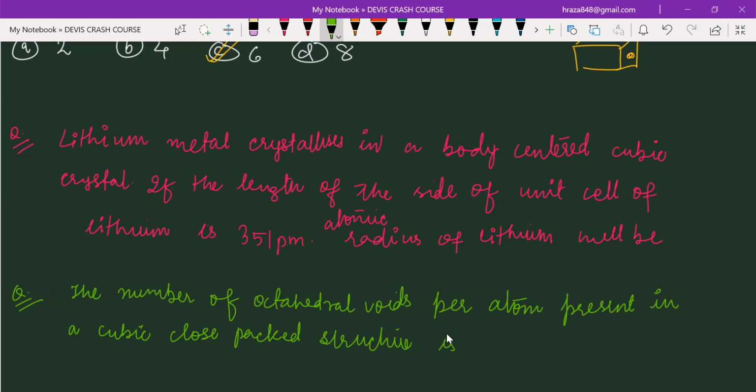The number of octahedral voids per atom present in a cubic close packed CCP.